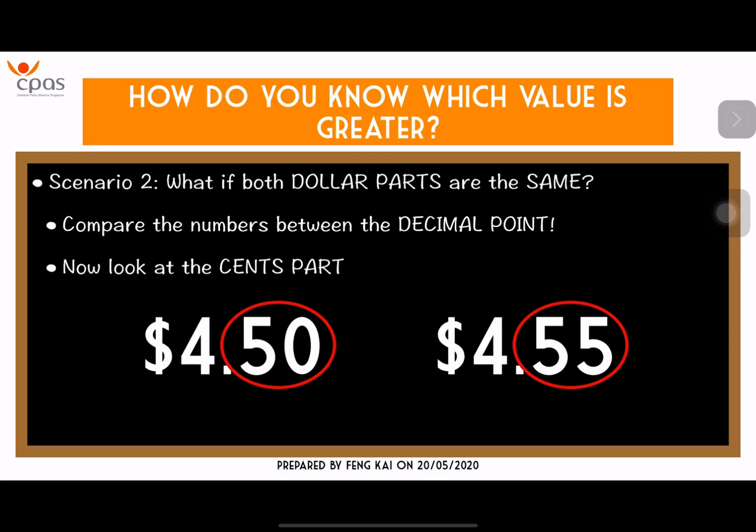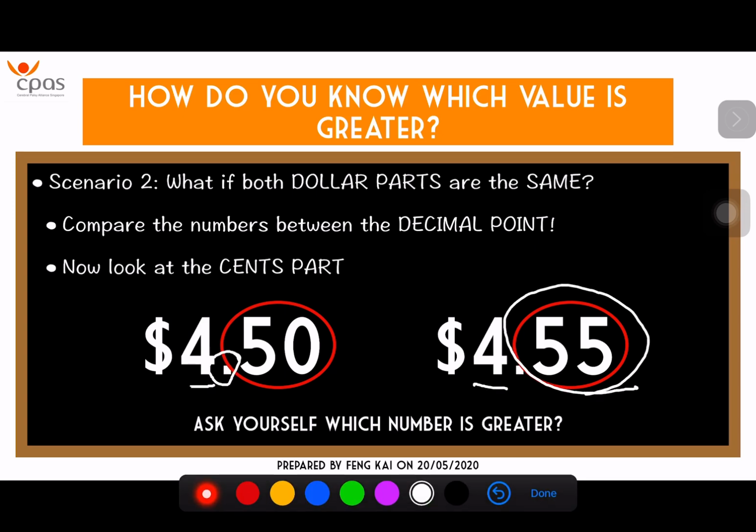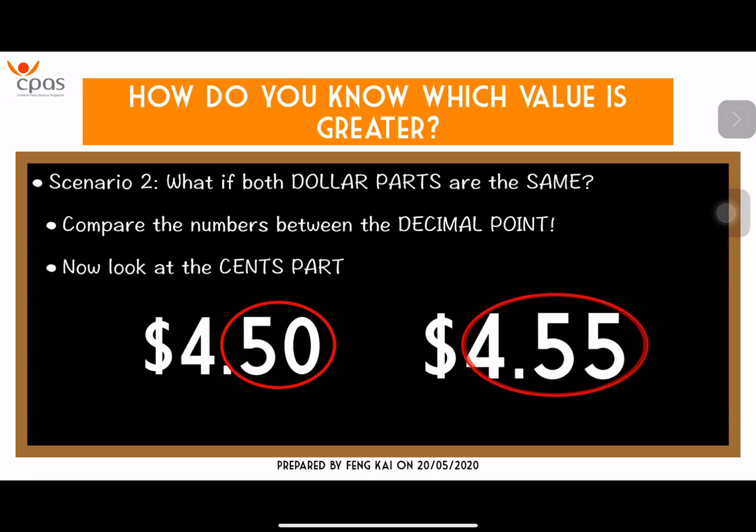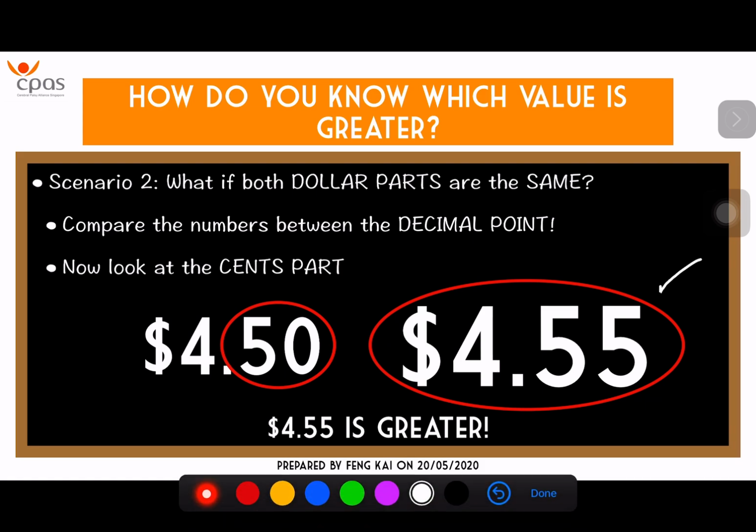Which number is greater? Is it 55 or is it 50? The answer is 55. So in this case, $4.55 is greater than $4.50. If you got this, you're right.